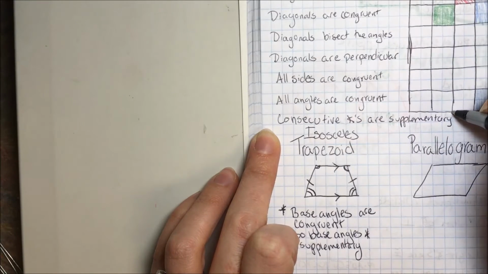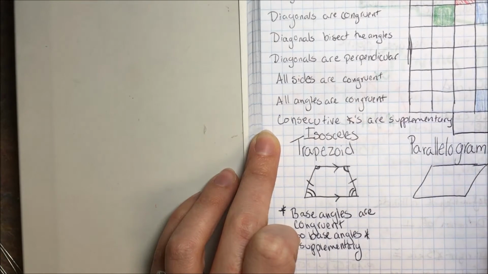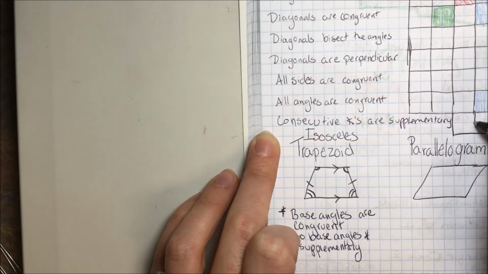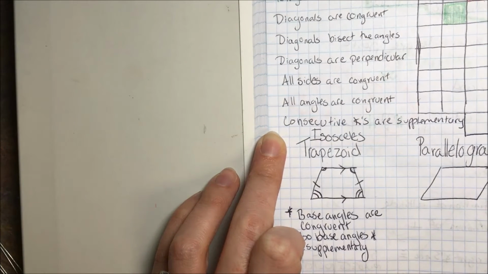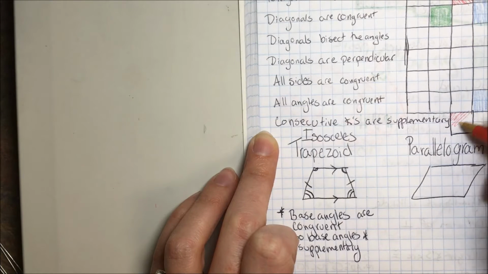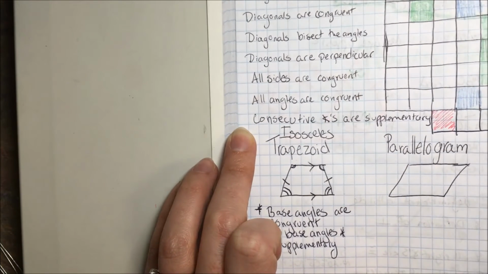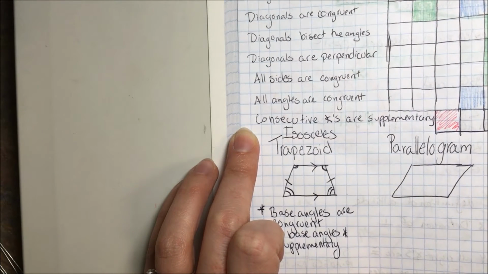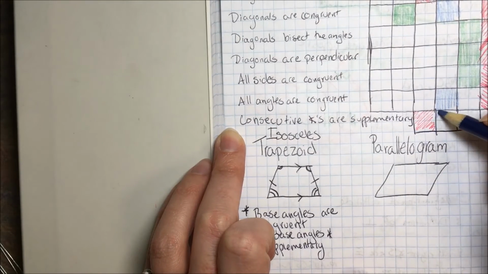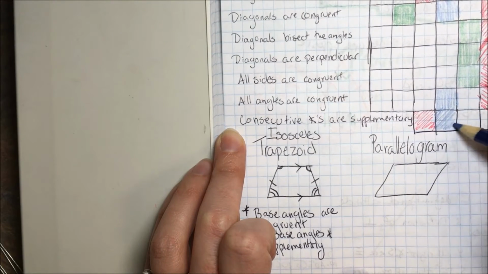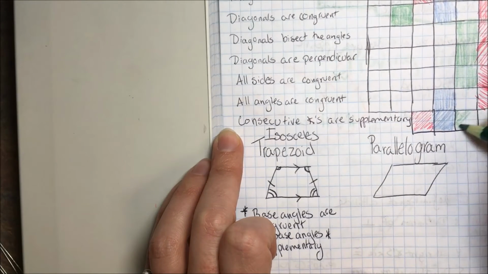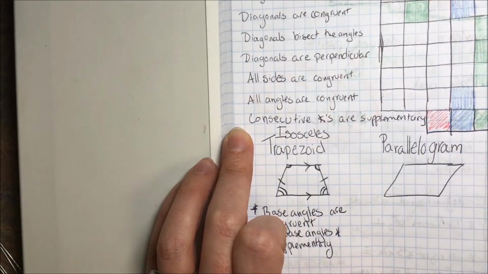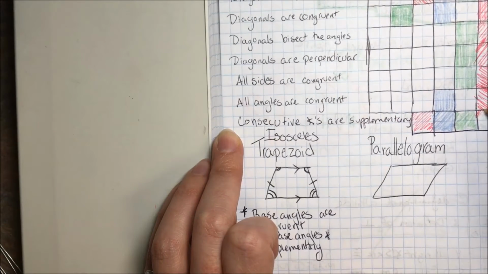And I'm going to add that in for the parallelogram, the rectangle, the rhombus, and the square. I knew I was forgetting one when I made this chart.